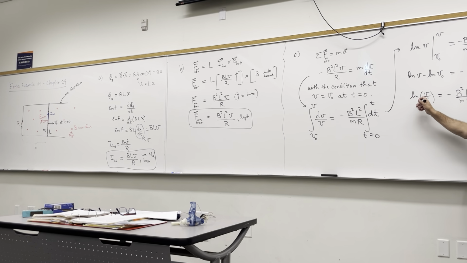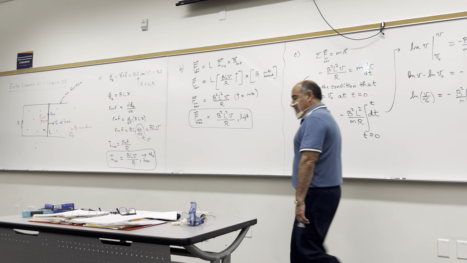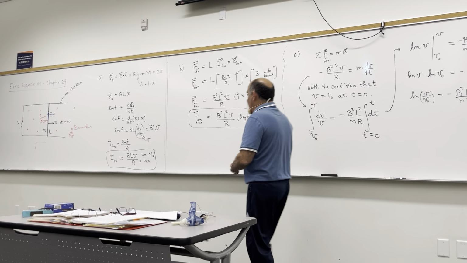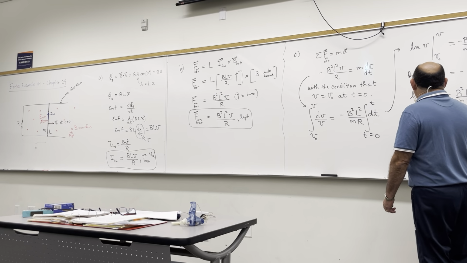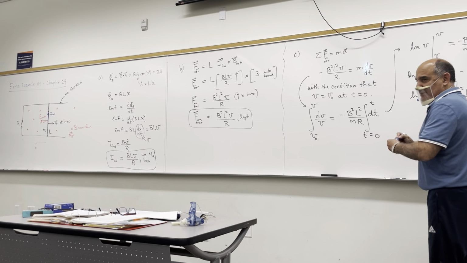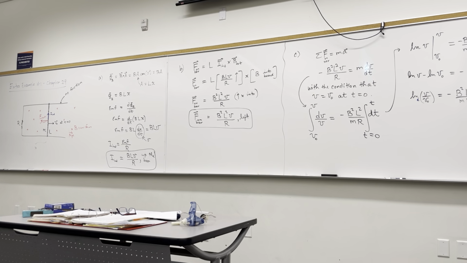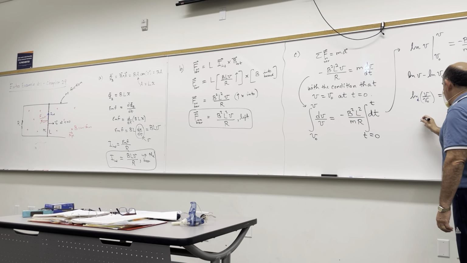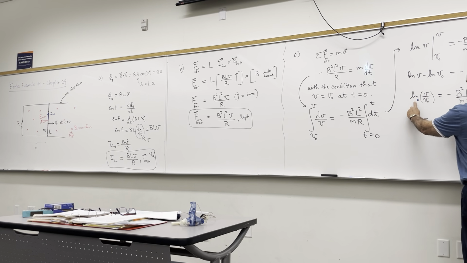And this is the natural log to the base e, right? Well, if it's a natural log, it is to the base e. It's really redundant to say the natural log to the base e, because if it is a natural log, it's to that base. But nevertheless, the argument, which is V over V naught, is equal to the base, which is e, raised to the thing on the right hand side.